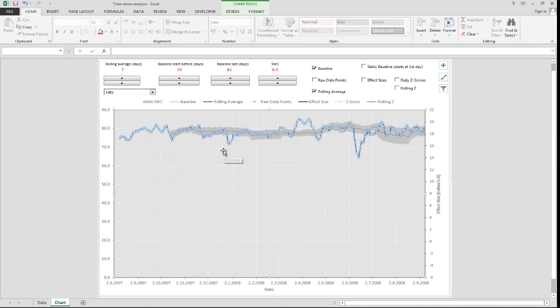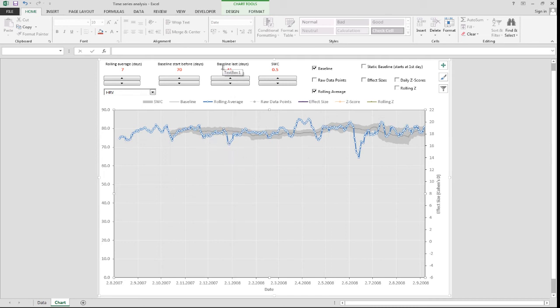And pretty similar to the z-score, we calculate the effect size, which is also a standardized score, by subtracting baseline from a rolling average and dividing it, in this case, by pooled standard deviation, which is, sort of speaking, a combination between the standard deviation of the baseline and the standard deviation of a 7 days rolling average.